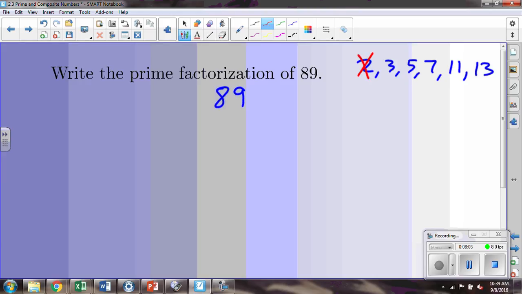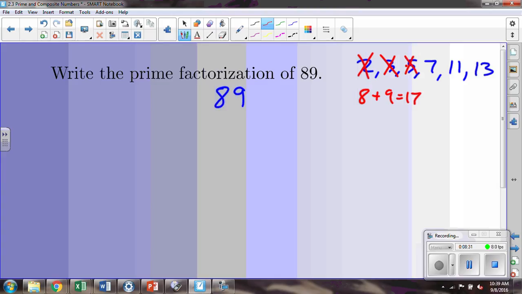Our divisibility rule would fail. To check the 3, 8 plus 9 is 17. 3 does not divide into 17, and so the divisibility rule for 3 fails. In order for 5 to work, the number has to end in 0 or 5. That fails.